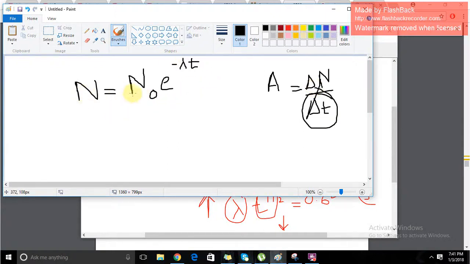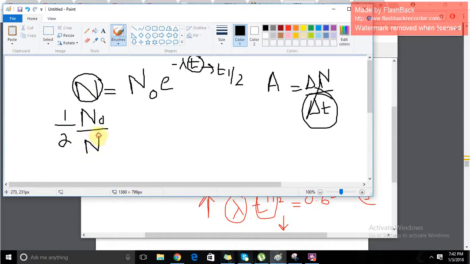So what do you do? You have N divided by N naught, and you're assuming that t is actually the first half-life, or whatever half-life actually, and therefore N would actually be 1 by 2 N naught. And what you do is you basically divide this by N naught and divide this by N naught, and when you do that, you're just left with 1 by 2 equals e to the minus lambda t.